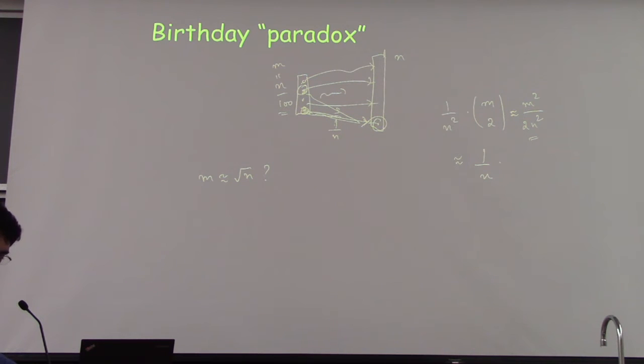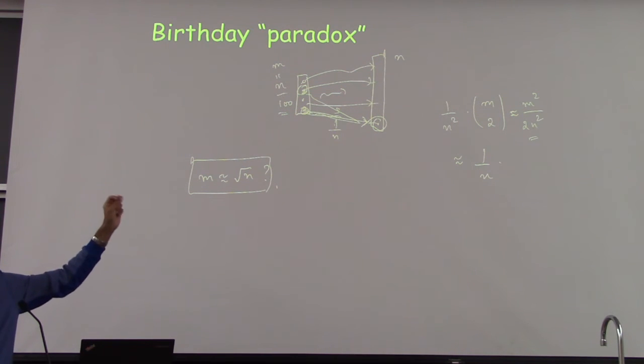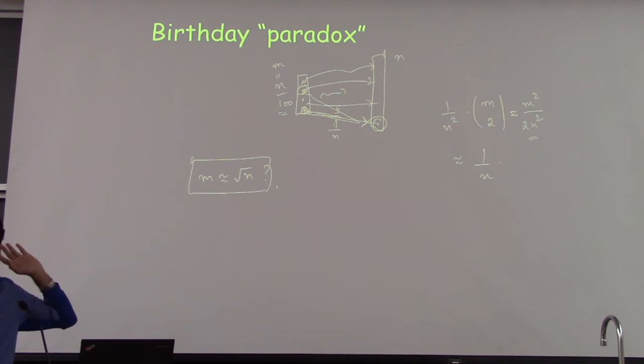So this specific value, I guess you will work it out in one of the homeworks, is what's called the birthday paradox. The way people usually phrase it is, if you have about 23 people in a room, and you assume that their birthdays are distributed randomly, then with good probability 2 people will have the same birthday.